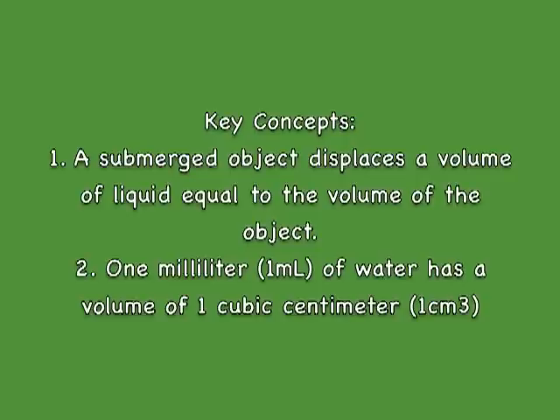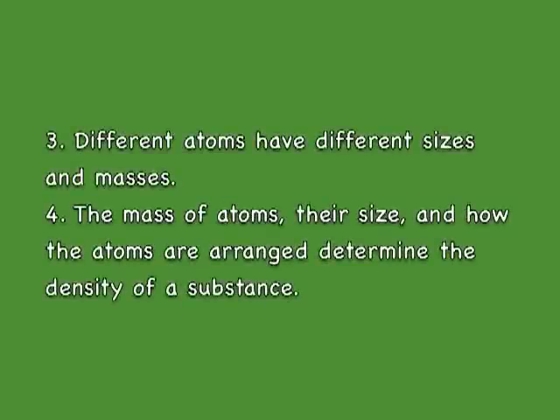So the first key concept is a submerged object displaces a volume of liquid equal to the volume of the object. And number 2, 1 milliliter of water has a volume of 1 cubic centimeter. Number 3, different atoms have different sizes and different masses.